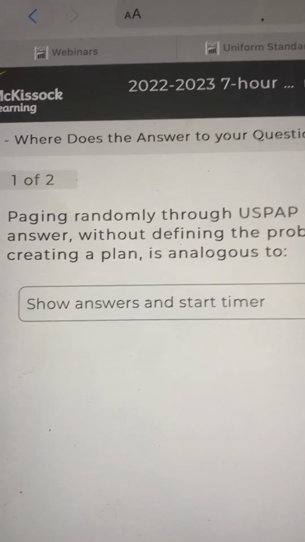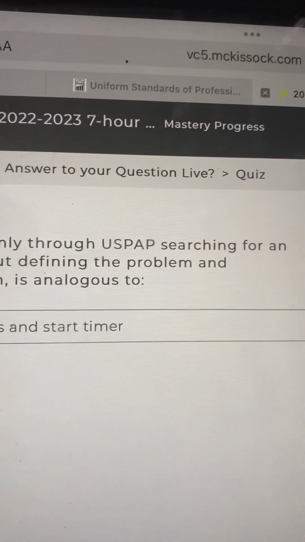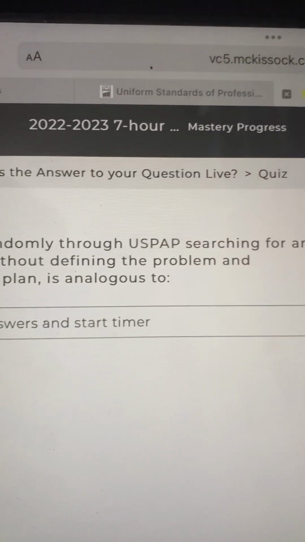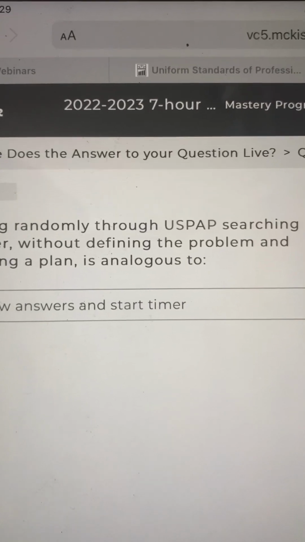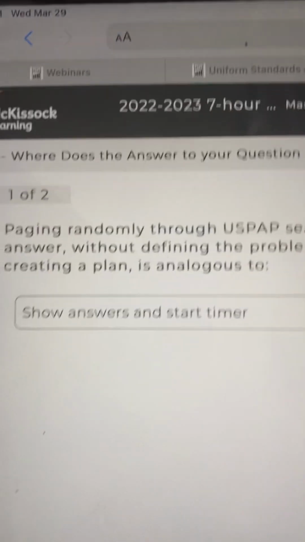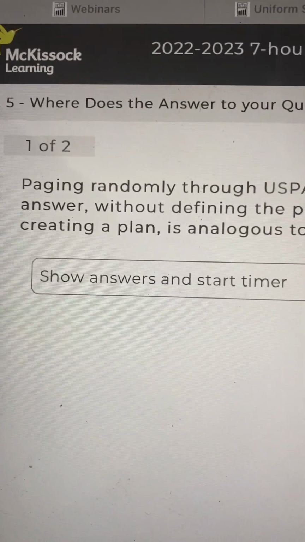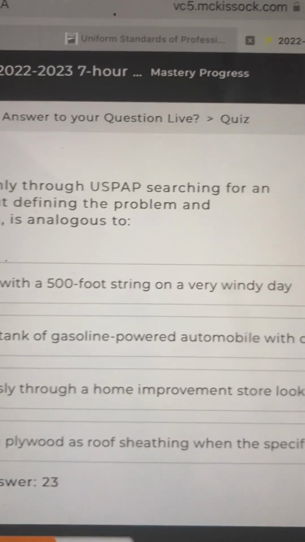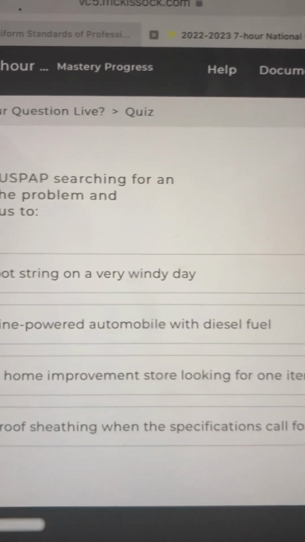Number 1, quiz. Paging randomly through USPAP, searching for an answer without defining the problem and creating a plan is analogous to: A, flying a large kite with a 500 string. B, filling up a gasoline powered automobile with diesel fuel.